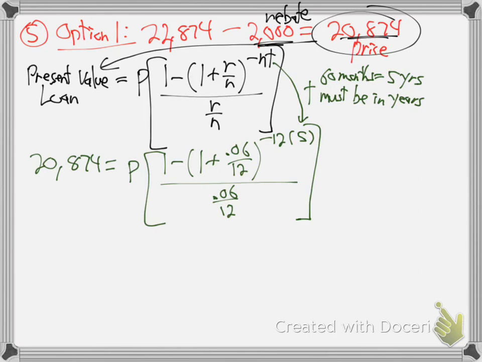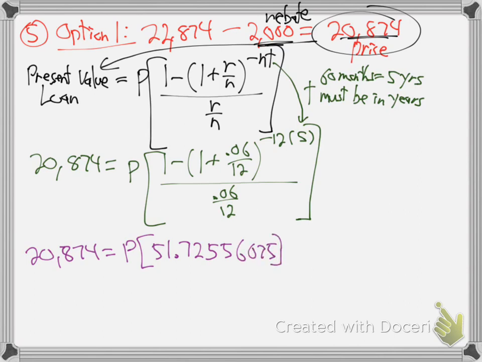Okay, so I've done several of these with you now, so I'm just going to type it out on my calculator. I get 20,874 is P times, let me see. This whole bracket thing becomes 51.72556075.